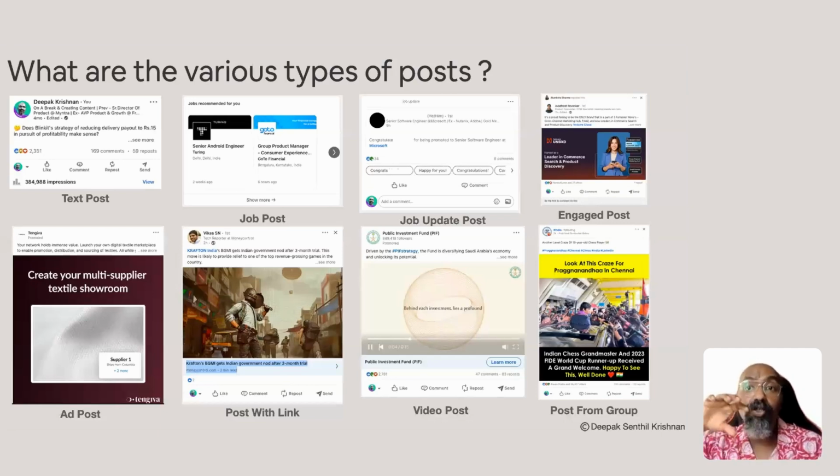Then there are also posts dedicated to certain deeper use cases, say, how do I make a job visible? Likewise, there are posts which necessitate slightly deeper relationship building. For example, I have a job update post. This is not to say this is the entire universe of posts, but this is just to get a sample of what kind of posts are out there.